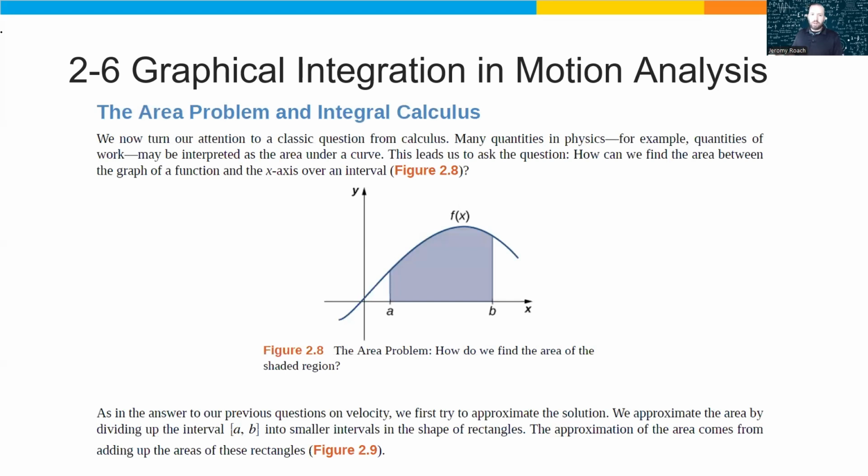So, the area problem of integral calculus. If we have a curved function, we sometimes need to know the area underneath that curve. That can be a bit challenging because it's a curved line.